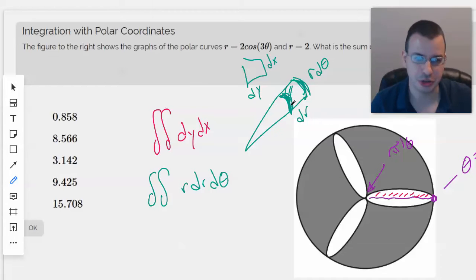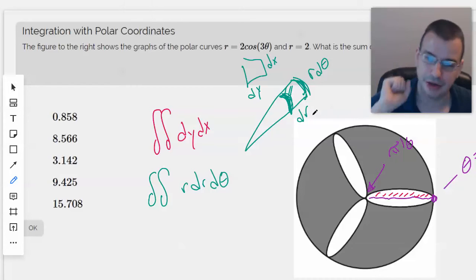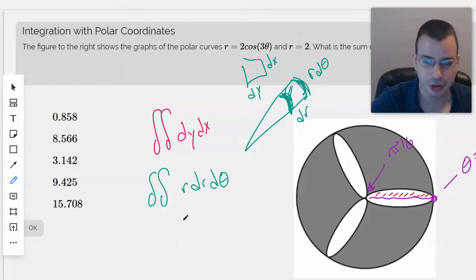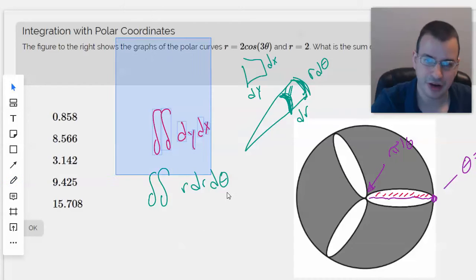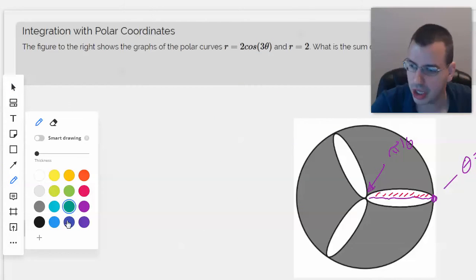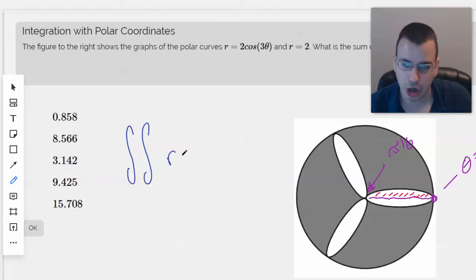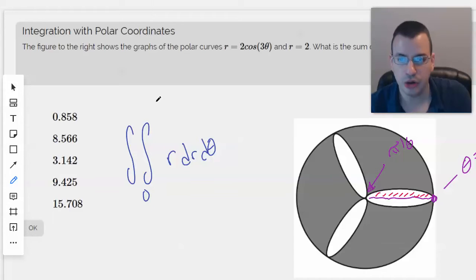It's actually a change of basis, so we're not going off that far of a deep end here. So we start here with r dr d theta to find our area. But the question then is, what are our limits of integration? For r, we're going to go from 0 to 2 cosine of 3 theta.